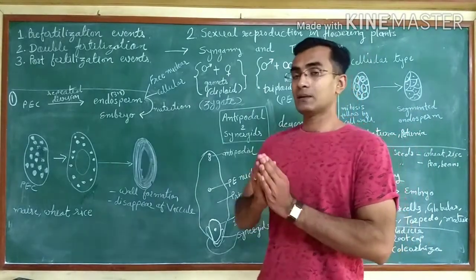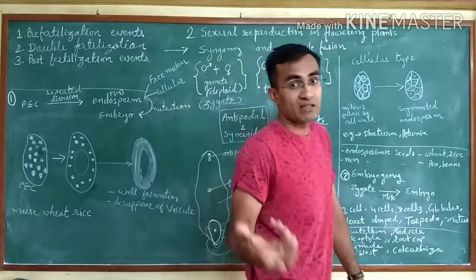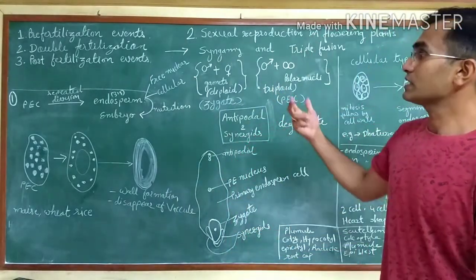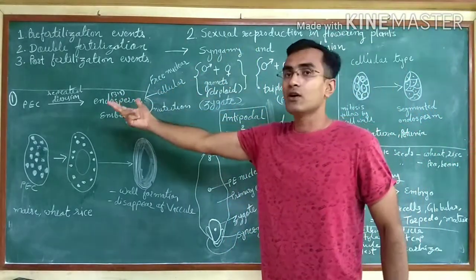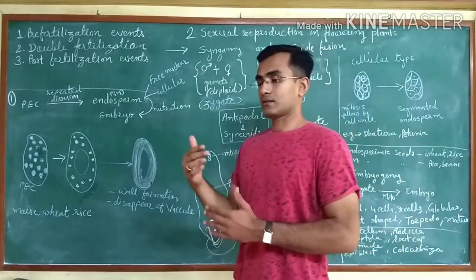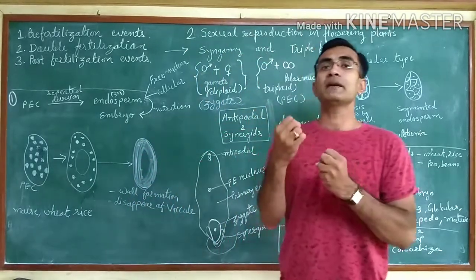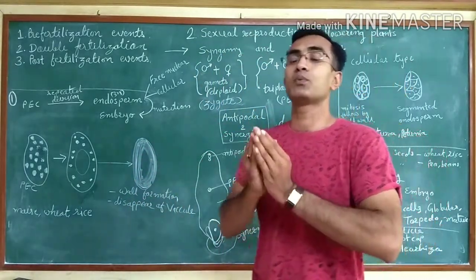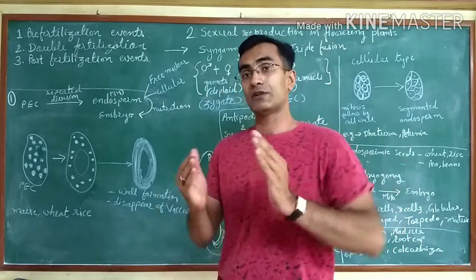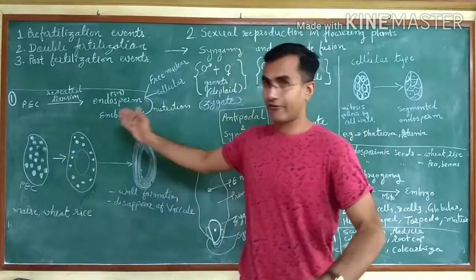Okay, at the primary stage, in the beginning, in the tender coconut, there was free nuclear type endosperm formation. As the tender coconut matures, the free nuclear endosperm gets pushed around due to vacuole creation. They get pushed to the periphery.